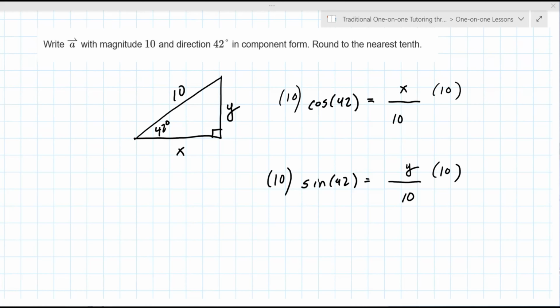Oh, so then that leaves me with, okay, I get 0.7 for X and Y.